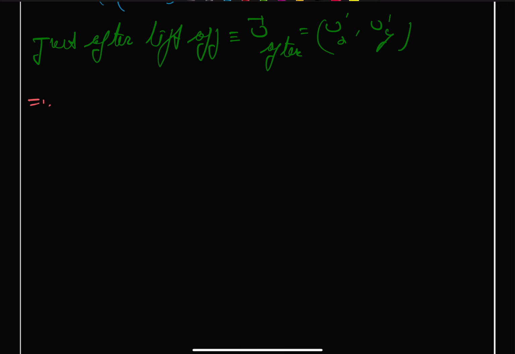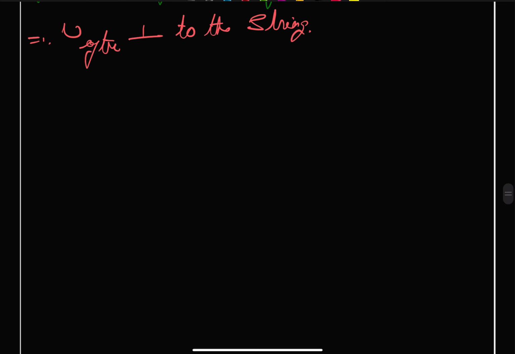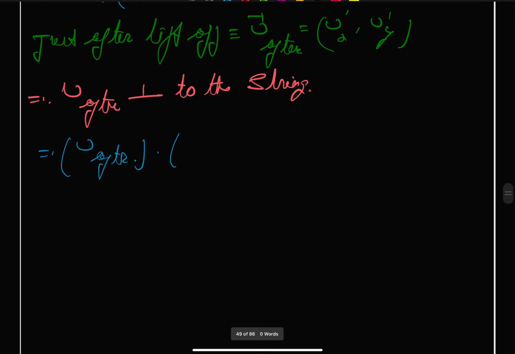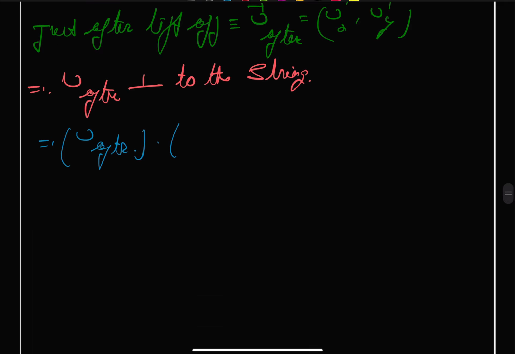Therefore, v after dot our R unit vector should be 0.